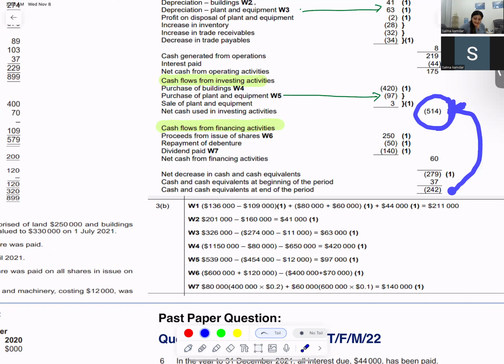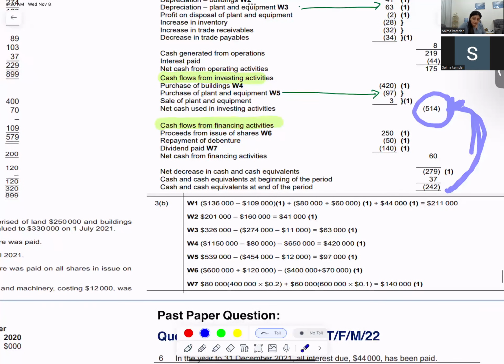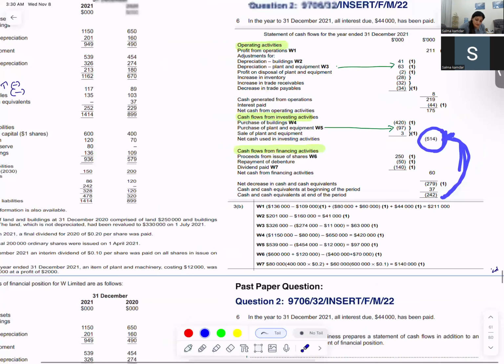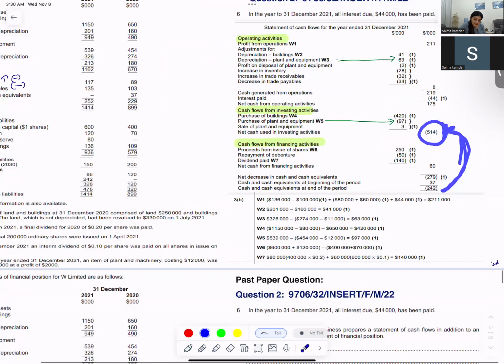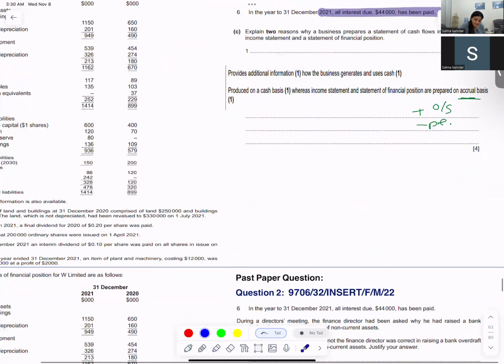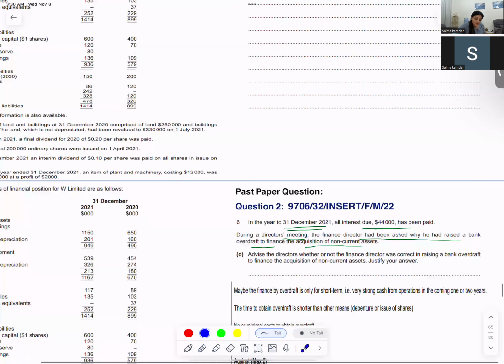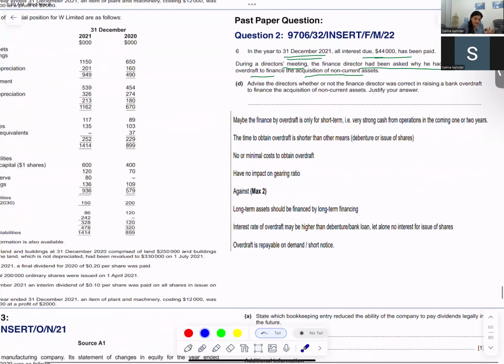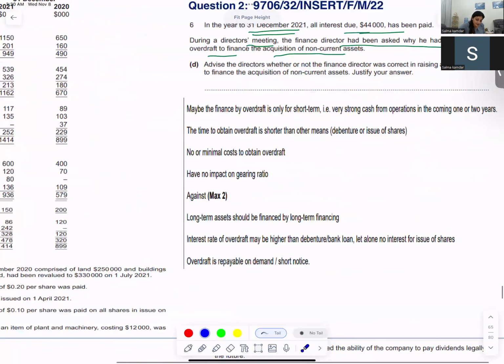So the finance director was asked why he has raised this bank overdraft to purchase the non-current assets. To finance the acquisition of non-current assets, justify your answer. If you buy non-current assets by raising a short-term finance, what is good in it?